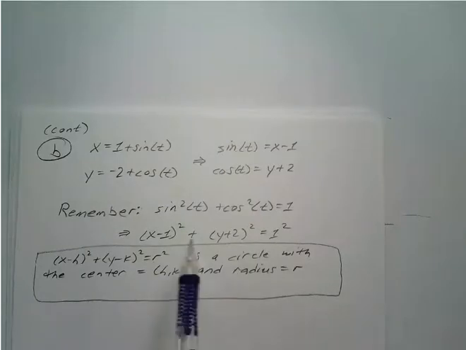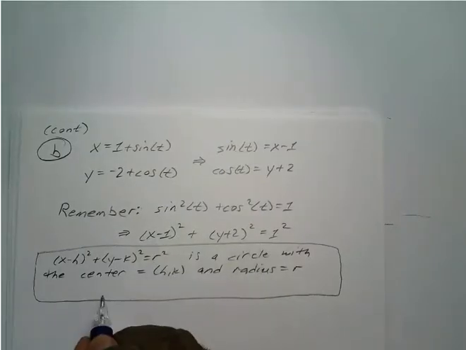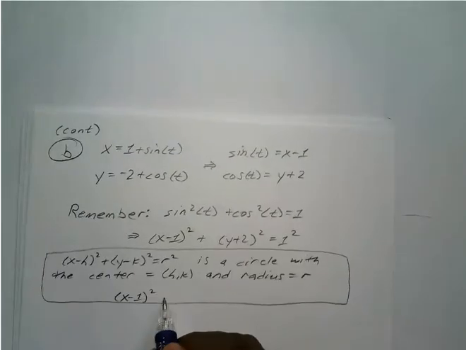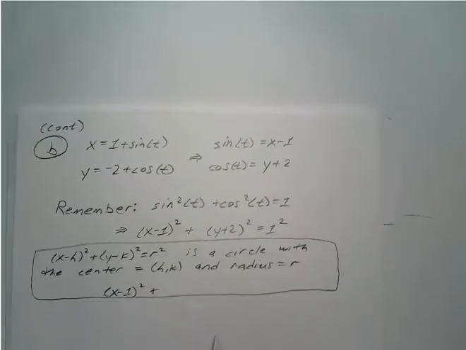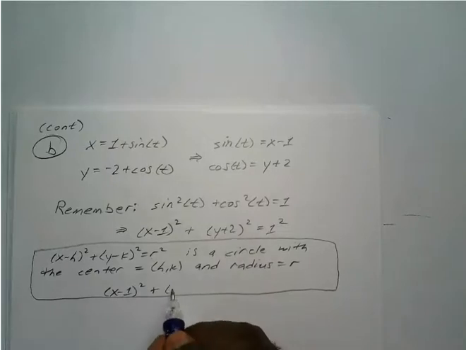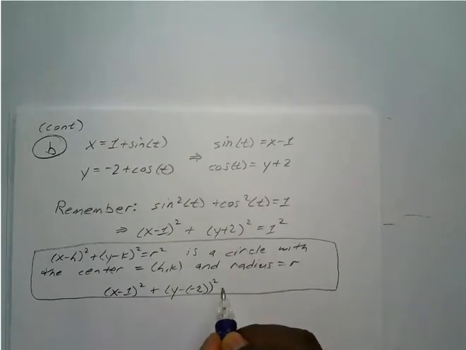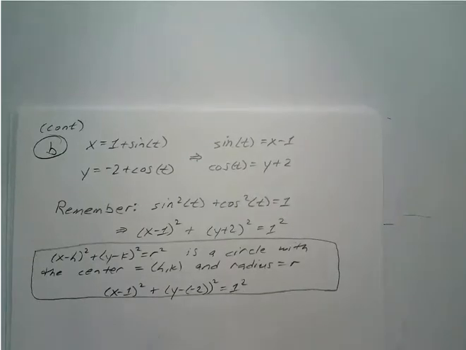Okay, so that means if we rewrite our equation as (x minus 1) squared plus, instead of y plus 2, we have (y minus negative 2) squared equals 1 squared. It matches up with the formula.